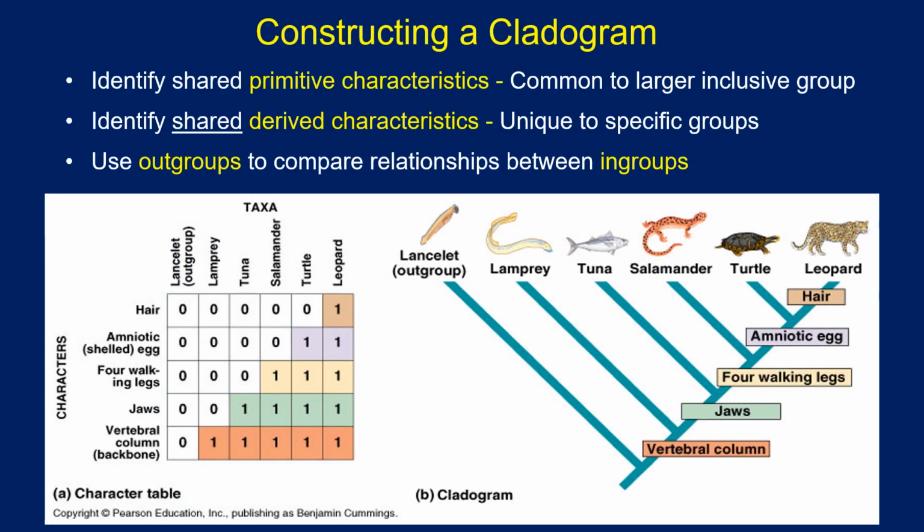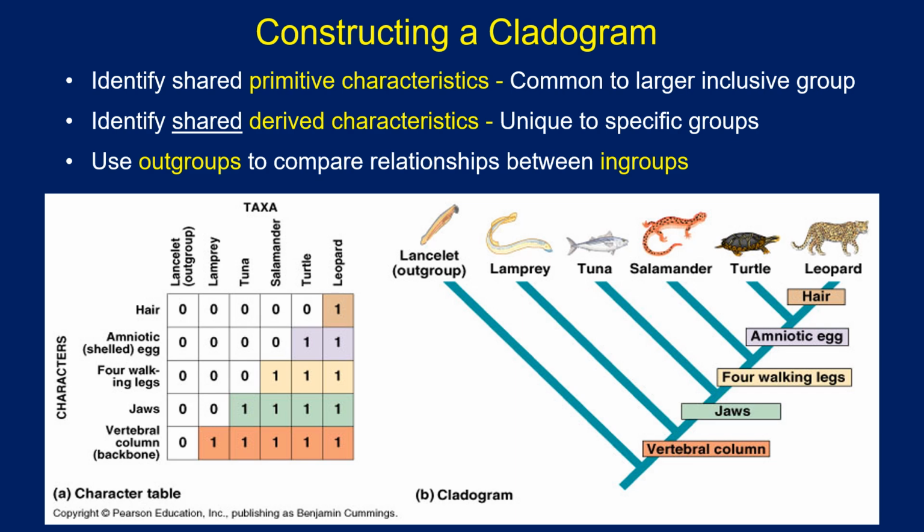Let's have a look at how we would go about constructing a cladogram from scratch. We have some very different groups of animals here, and all of them but one are vertebrates. That means that they have either cartilage or bone surrounding their brain and helping to support their spine and protect their spinal cord.